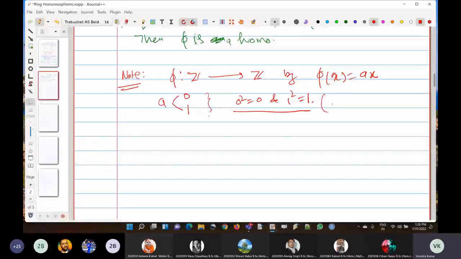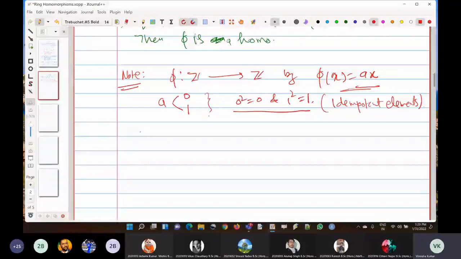So 0 and 1 are idempotent elements. In both the cases, for the choice 0 and for the choice 1, we were able to prove that phi is a ring homomorphism.